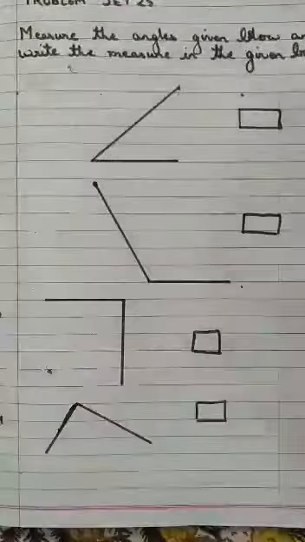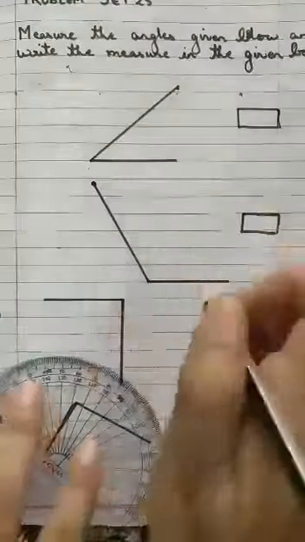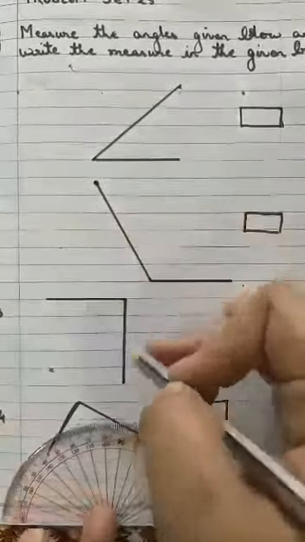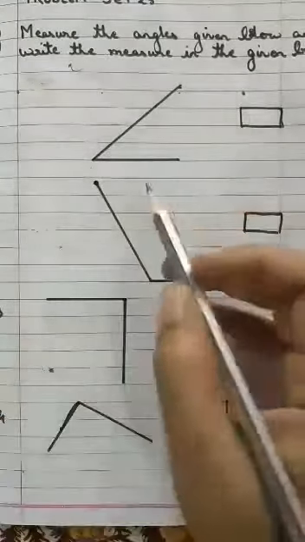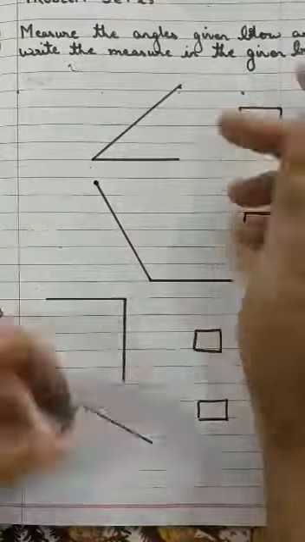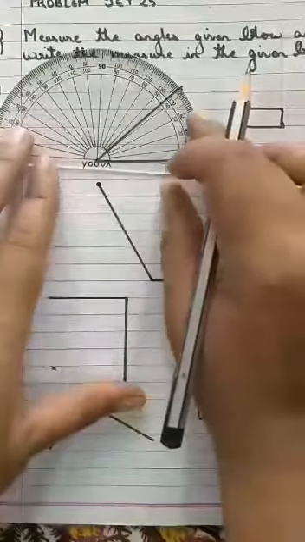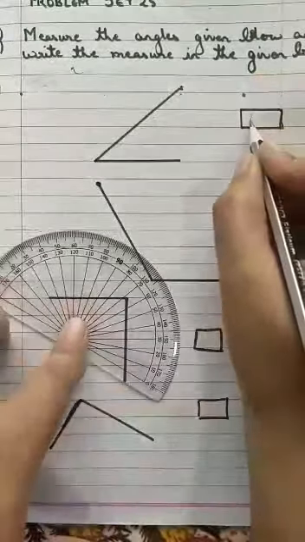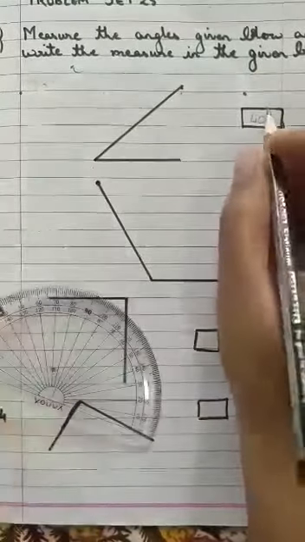Now we are going to do it in the notebook also in the same way. See here, I have drawn the angles here. First angle, second, third and fourth, I have drawn the boxes. So what is the first angle? How much was it? 40 degrees. So I'll write here 40 degrees.